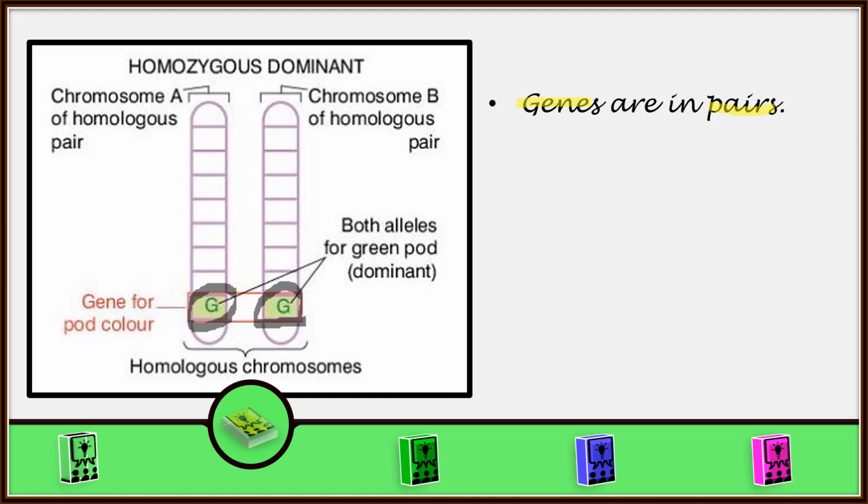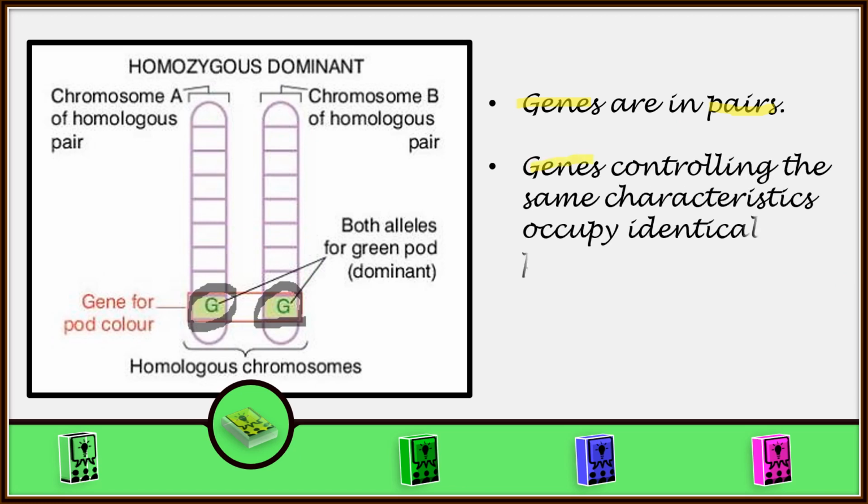So the genes which are controlling a particular character, in this case a gene controlling the color of the pod, are always in pairs. They are two, each on its own chromosome. And they are the ones that are going to determine the characteristic of that individual or that living organism.